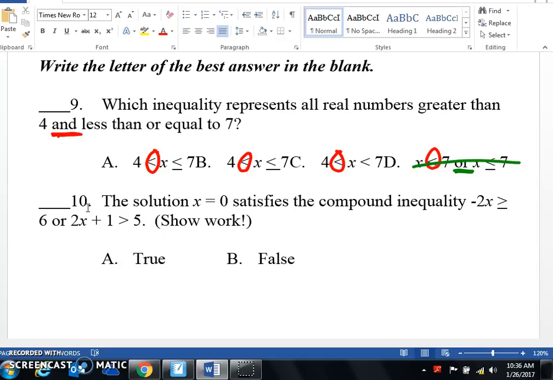Less than or equal to. Wait, did I mess this up? Okay, well, it's less than or equal to. Ultimately, I changed some of these guys. That's my bad. But it should be 4 is less than x, which is greater than or equal to 7. That's what it should look like. I'm not sure which one that is on there. That's my bad.